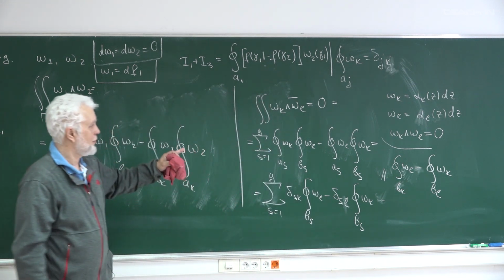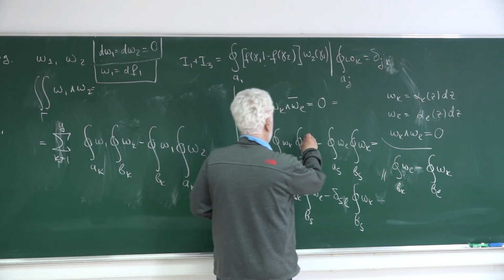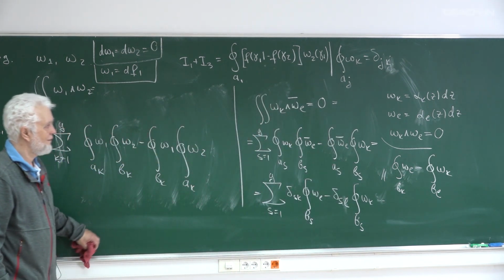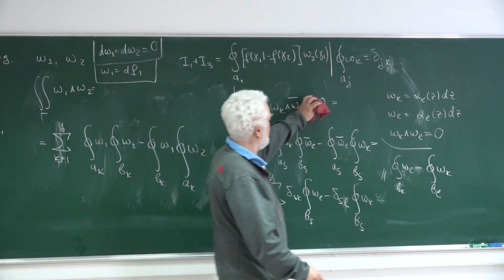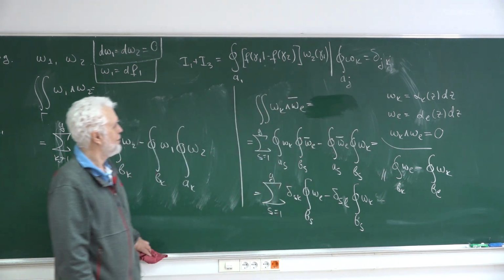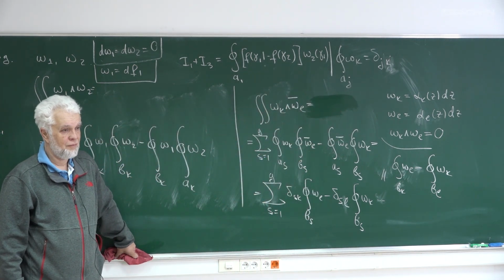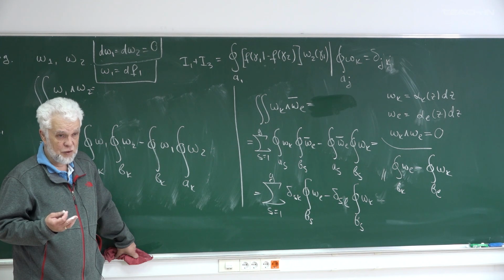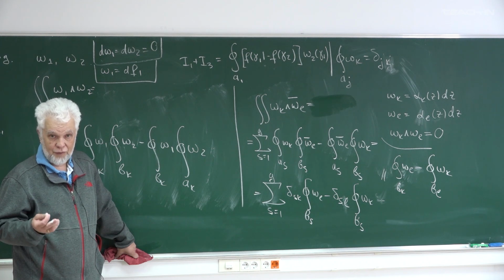The second property. Consider the following integral. It's now non-zero. We have a scalar product, a Hermitian scalar product on the holomorphic differentials.